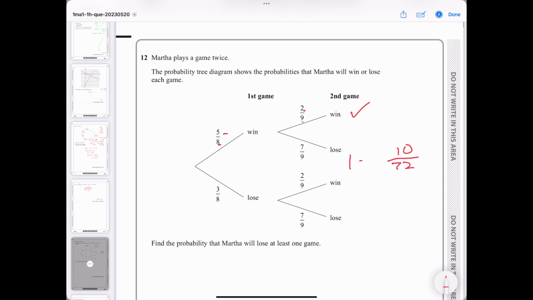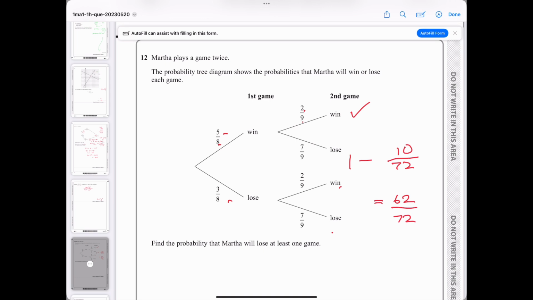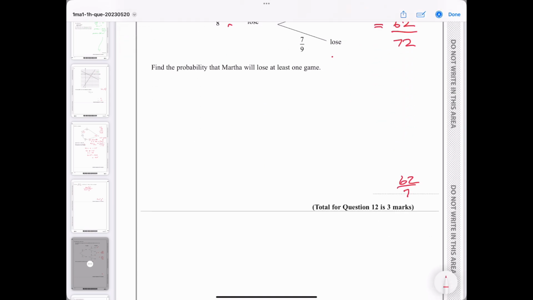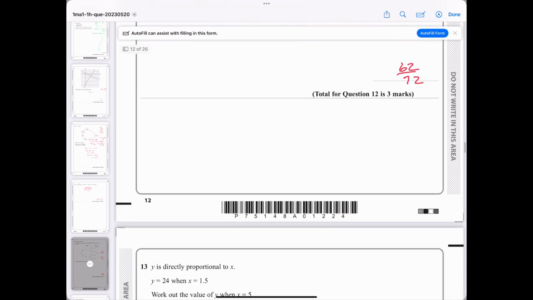Then we go 1 minus that, and the other 3 must add up to 62 over 72, because she could lose and lose, lose and win, and win and lose. So that would be 62 over 72. And that should be the answer. I say that as though I don't really know.